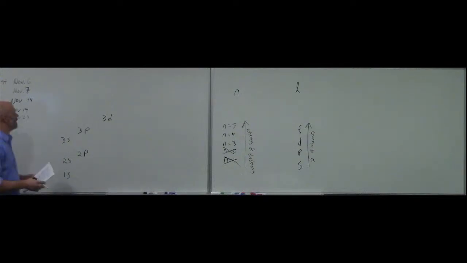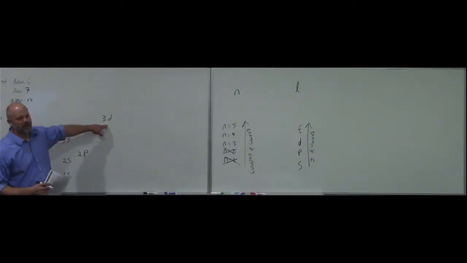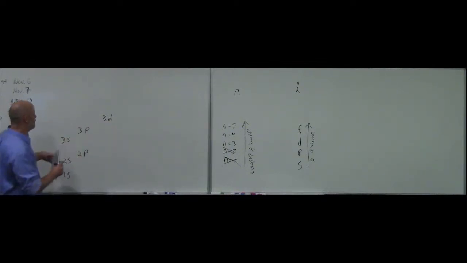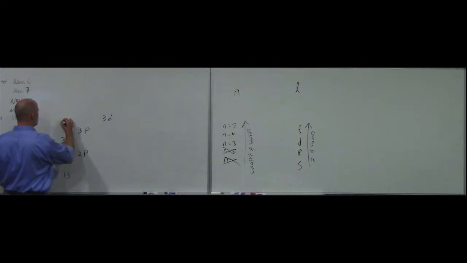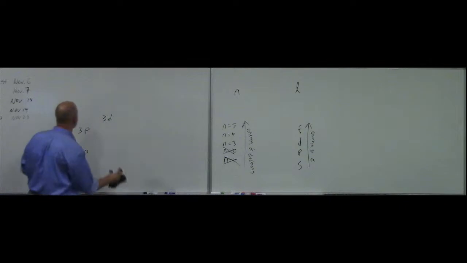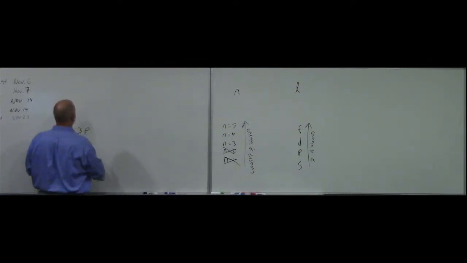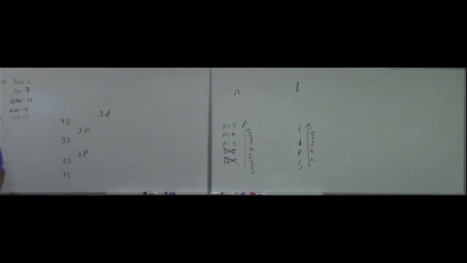Before we start filling 3d, it actually requires lower energy to fill the 4s. 4s happens just before 3d does. You might be thinking to yourself, why? Why does that happen?